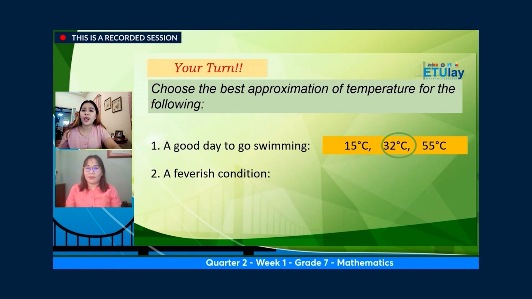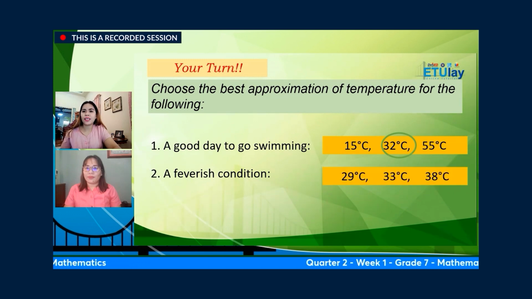Number 2, what is the approximation of temperature for a feverish condition? Is it 29 degrees Celsius, 33 degrees Celsius, or 38 degrees Celsius? What do you think? The answer is, very good, 38 degrees Celsius.